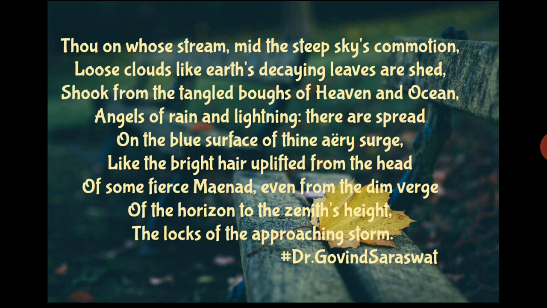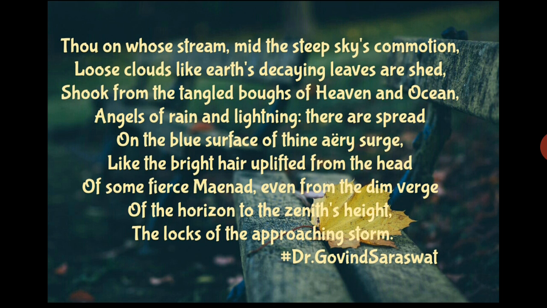The poet compares the clouds which float on the surface of the wind to the dry leaves that fall on earth. That is suggested by the first line of this stanza. When he says, thou on whose stream, mid the steep sky's commotion, there is a great upheaval and a tumult going on in the high sky.